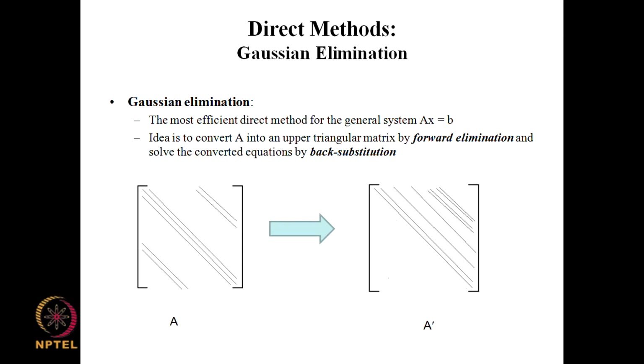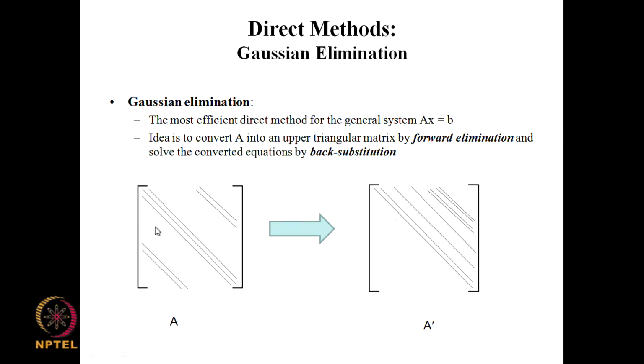The idea of this approach is to convert the coefficient matrix into an upper triangular matrix through a process known as forward elimination, and solve the converted equation by back substitution. That is shown pictorially here.